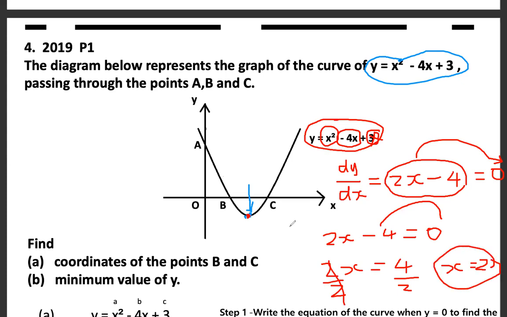That means the value of x was 2 where the graph was turning. As simple as that. So you can find this for any graph of this nature, for as long as the graph was turning. At that point, the dy/dx must give us 0. So get the gradient function, equate it to 0, and then you will find the answer.